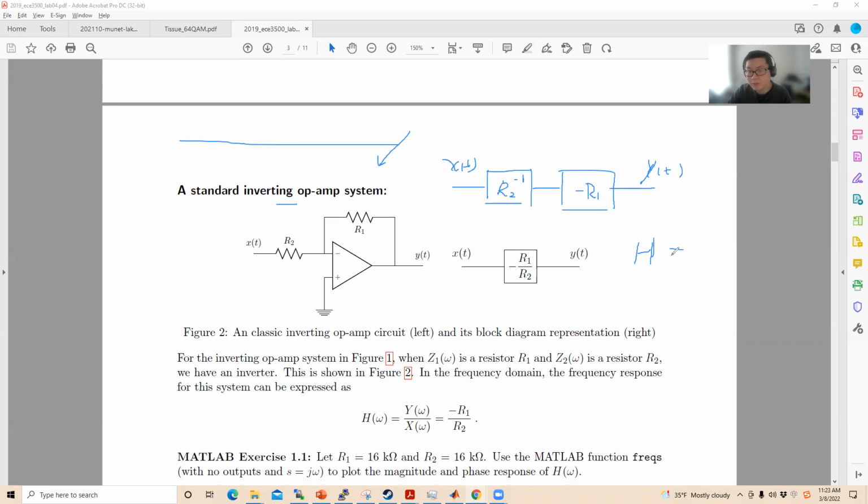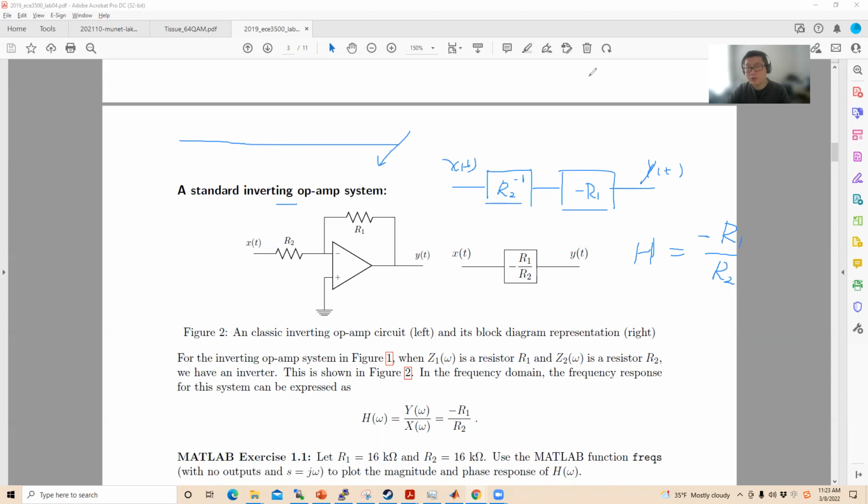So the final system response should be the inverse of R2 times minus R1, so it should be minus R1 over R2.